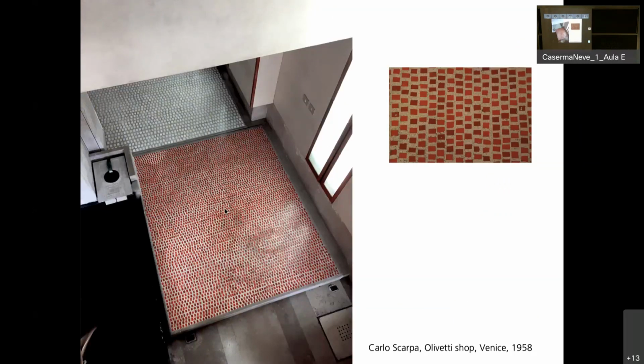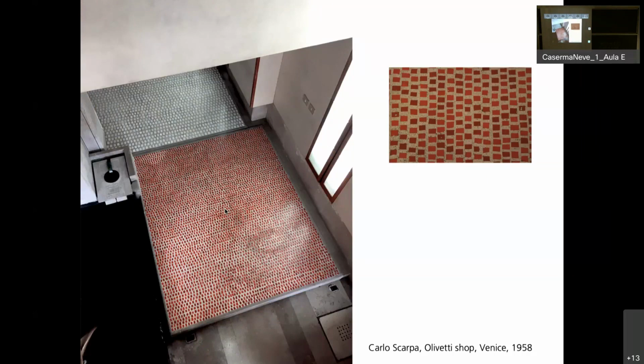Again, Carlo Scarpa is another one who can be included in this attitude, of course, because maybe you have the possibility to experience in person some of his works. This is, for example, the Olivetti shop in Venice, but there are many of these examples.